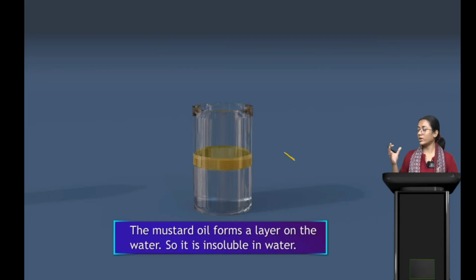So mustard oil, or any kind of oil, will form a different layer on water. From this we can say that it is insoluble in water, isn't it? It's not getting dissolved in water completely; it is separately making another layer.